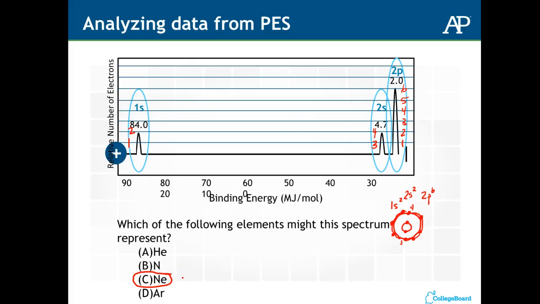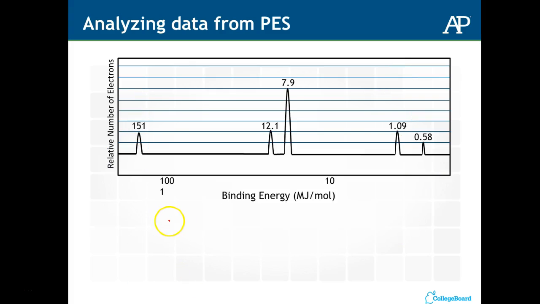Okay, let's try another one. Here we have, again, multiple peaks. We have relative number and binding energy. You notice that this number is much larger on this end than this number, which is 10. Again, we have a relative number of electrons. It looks like I have 1 and 2 here. What would that represent?